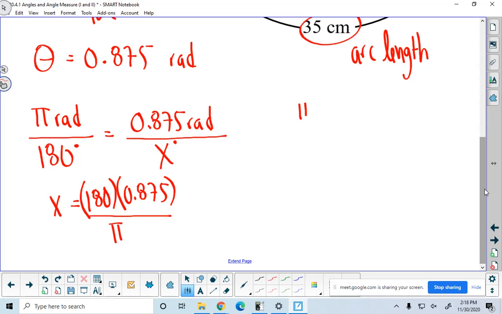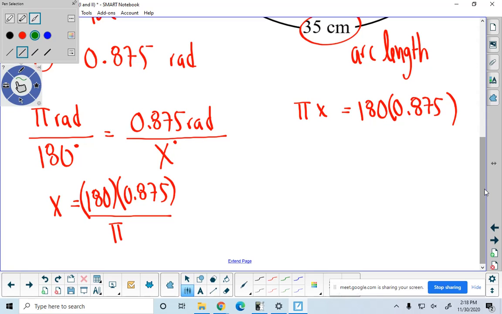When you cross multiply, you get pi x equals 180 times 0.875. So we have to divide by pi. The radians cancel. Most people don't think about this, but the radians are canceling, and you're left with degrees.